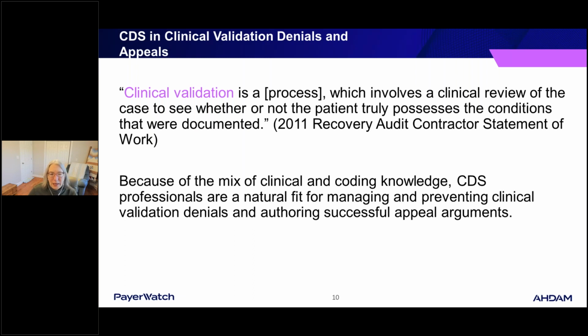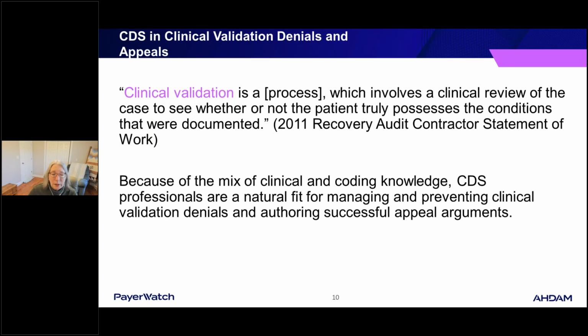But basically what they're saying is they want to make sure that when a diagnosis is on a claim for a patient who's been hospitalized, there is clinical support for that diagnosis.